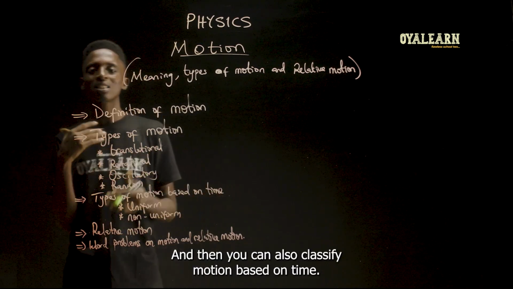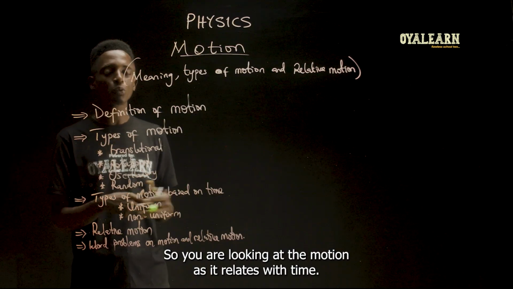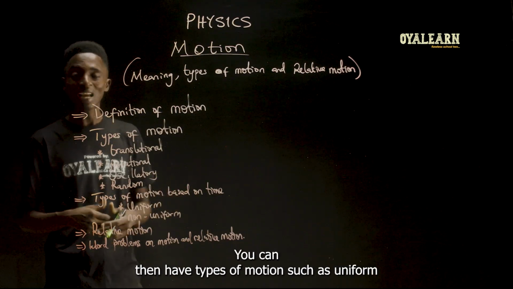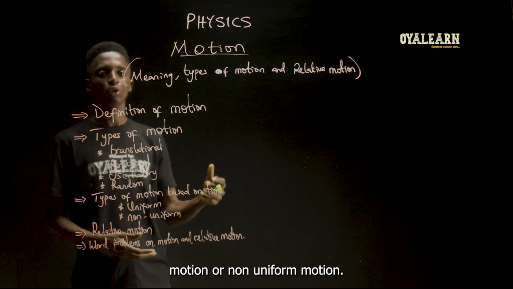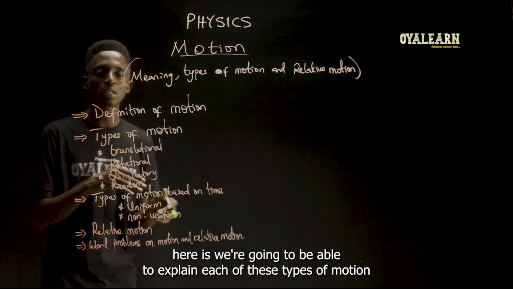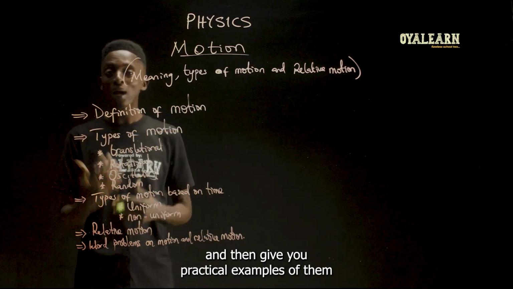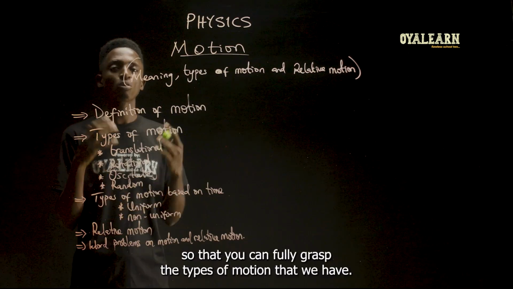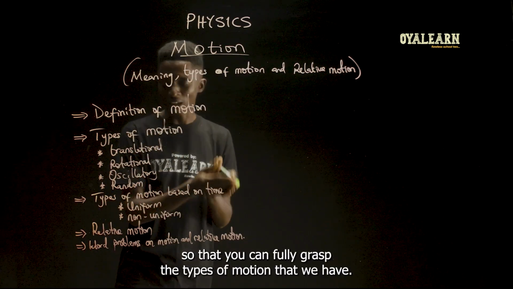And then you can also classify motion based on time. If you're looking at motion as it relates with time, you can then have types of motion such as uniform motion or non-uniform motion. What we are doing here is we're going to explain each of these types of motion and then give you practical examples of them so that you can fully grasp the types of motion that we have.